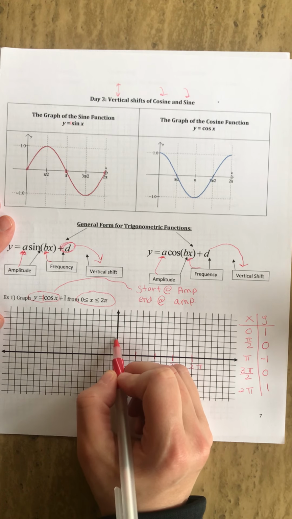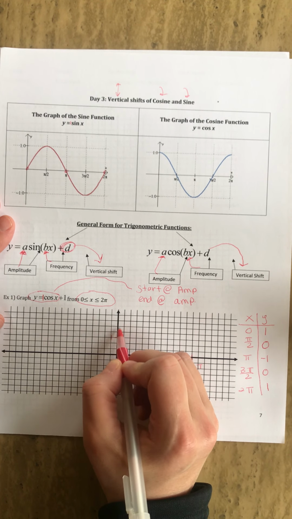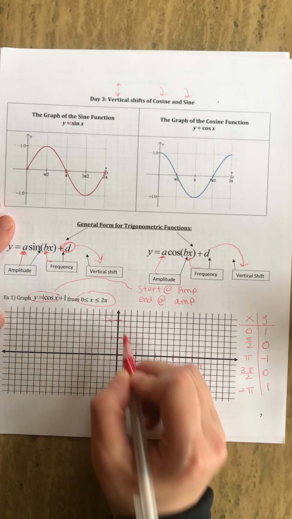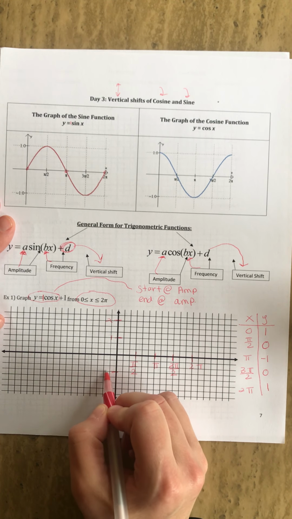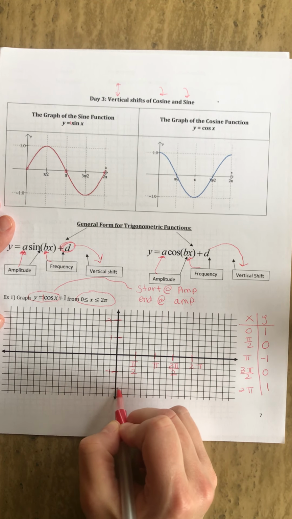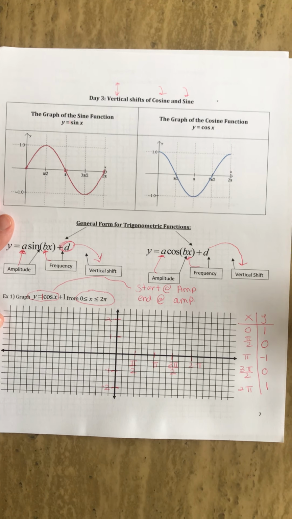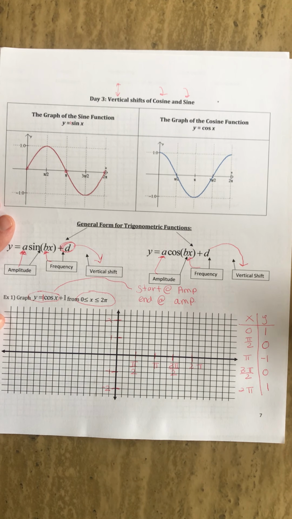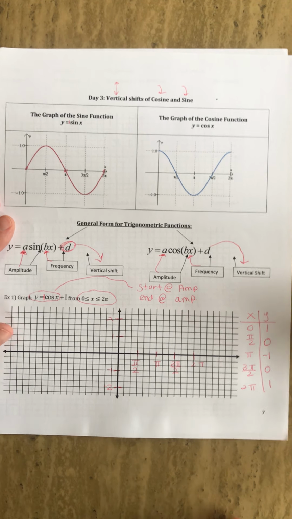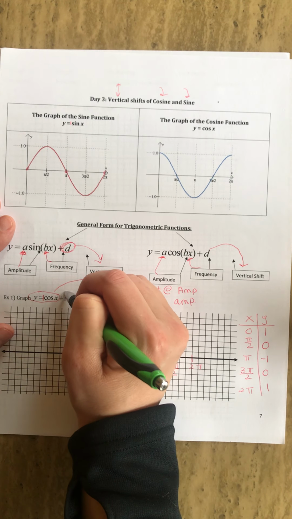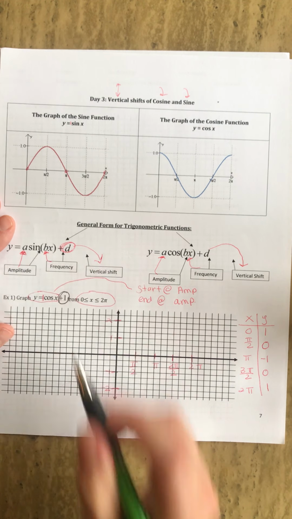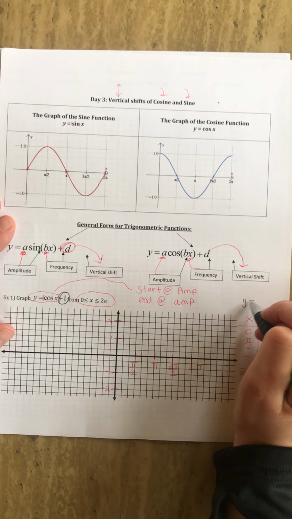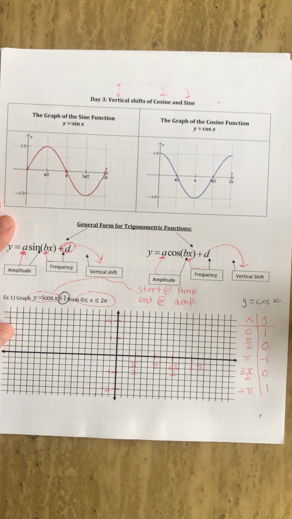All right, so we have 1, 2, 3 on the axes, and -1, -2. Okay, so we're going to go ahead and graph this. Now I want to make sure that you realize that we haven't talked about this shift yet. I'm just graphing y equals cosine x.